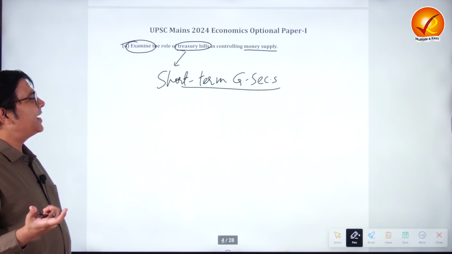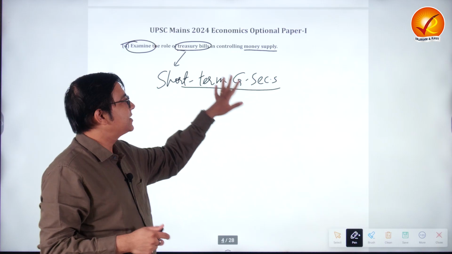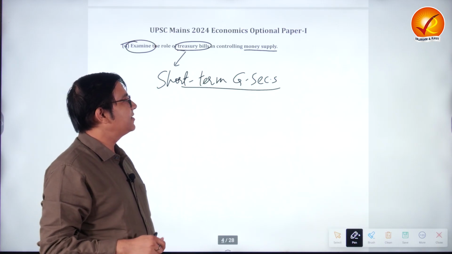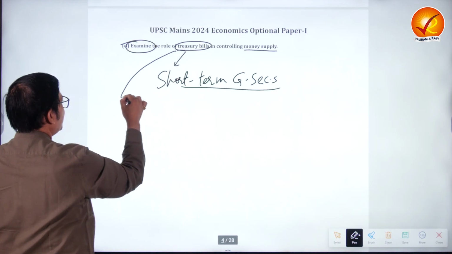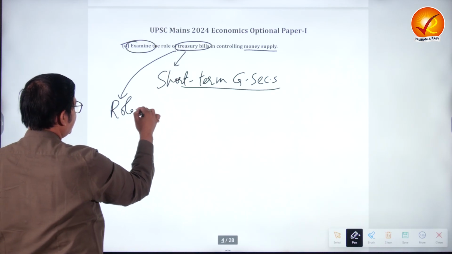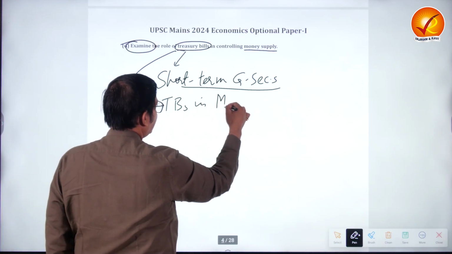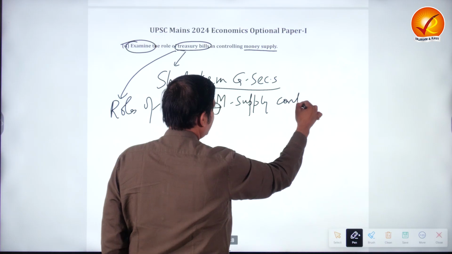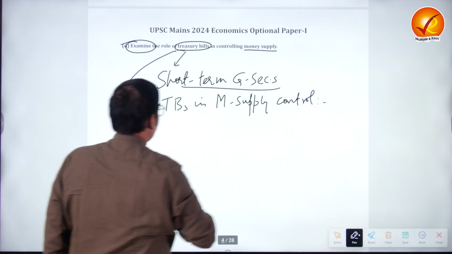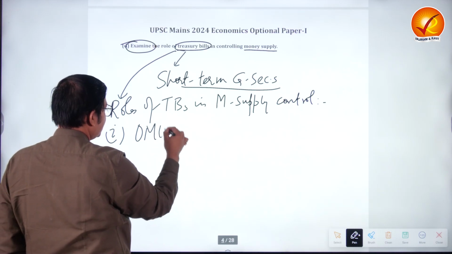Look, this is an easy answer. Had it been government securities in general, the argument would have been similar. So these are the following roles that can be played by treasury bills in money supply control. One can be in the context of open market operations.